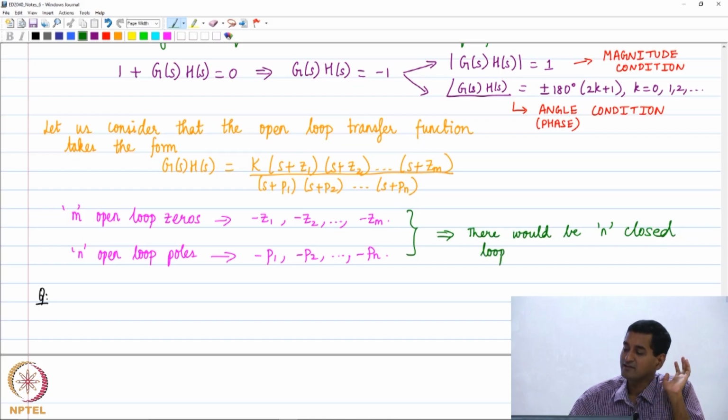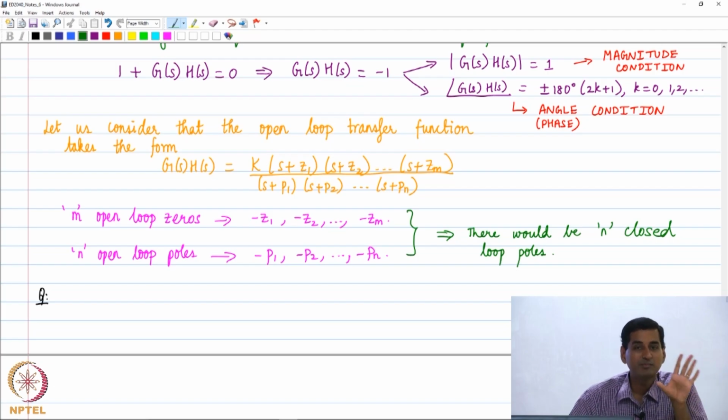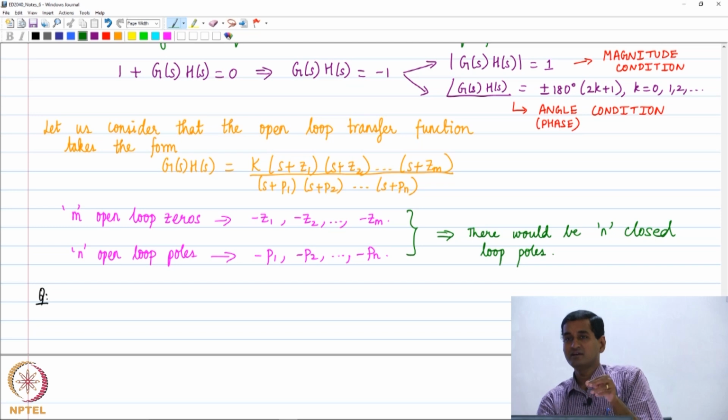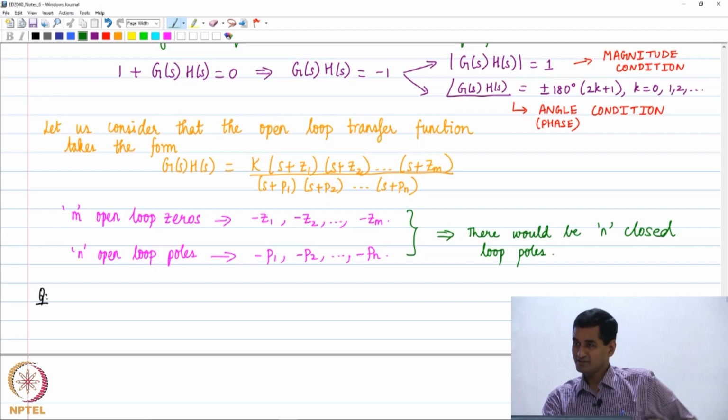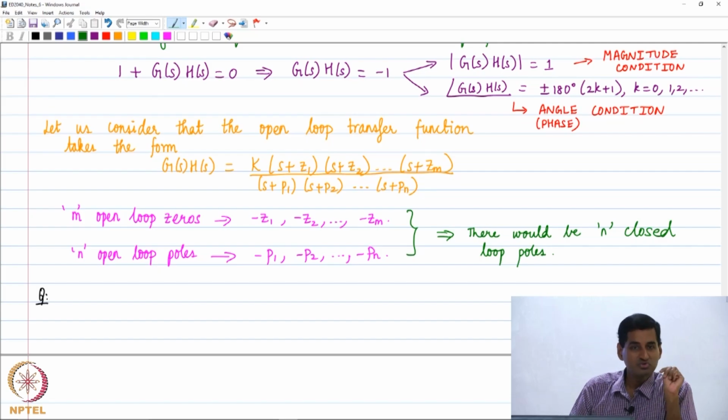Because the moment you calculate 1 plus g of s h of s equals 0 and take the LCM, you will get an nth order polynomial. Do you agree? If the order of the open loop transfer function is n, the order of the closed loop transfer function will also be n. If you evaluate 1 plus g of s h of s, you would see that it is an nth order polynomial, so you will be solving for n roots. So you will have n closed loop poles. I hope that's clear to everyone.